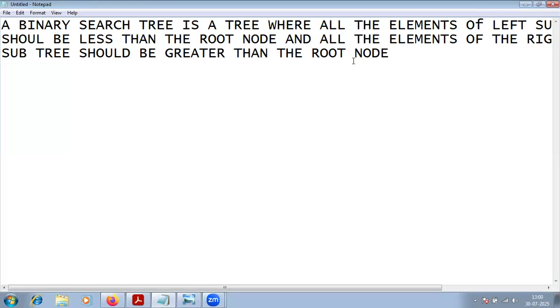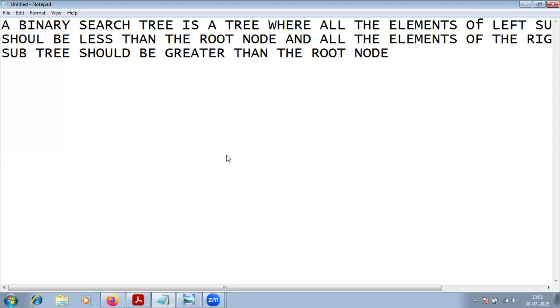If you take one root node, the left subtree elements should be less than the root node, and all the elements in the right subtree should be greater than the root node. We'll take one example here.